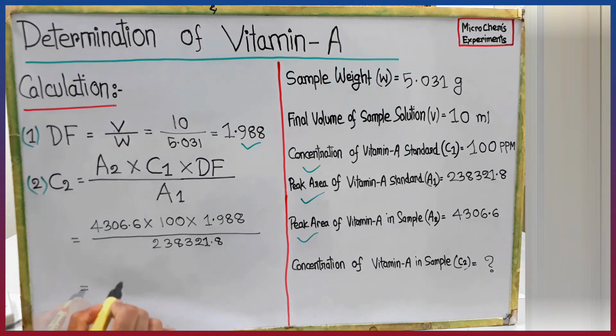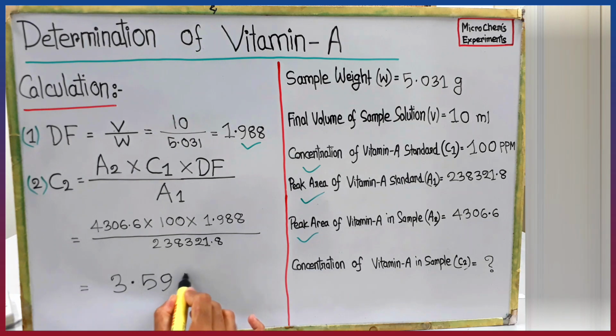By solving the equation 2, we got the Vitamin A of our tested sample is 3.59 ppm.